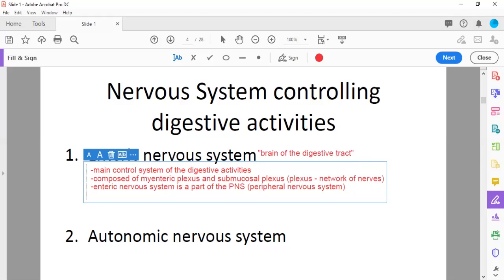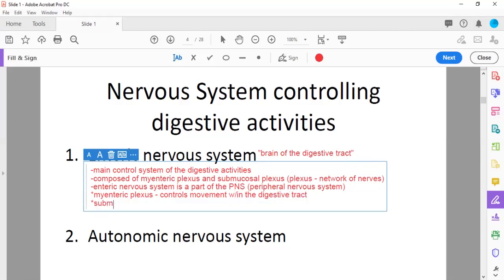Now, something I also want you to understand is that when you look at the 2 plexuses, the myenteric plexus controls the movement within the digestive tract. The submucosal plexus controls the secretion process.